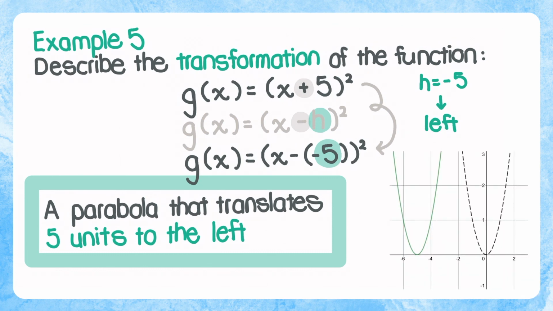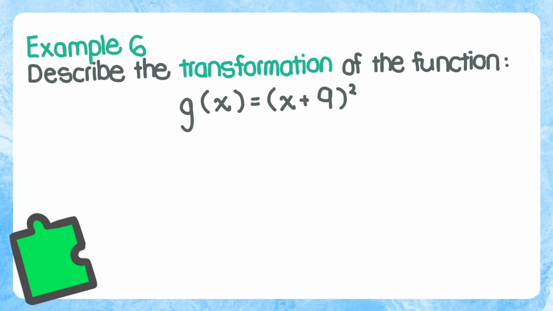Again, you can check your work on Desmos and see that we do move the function 5 units to the left. Please try this last example on Edpuzzle. Describe the transformation of g of x equals x plus 9 quantity squared.